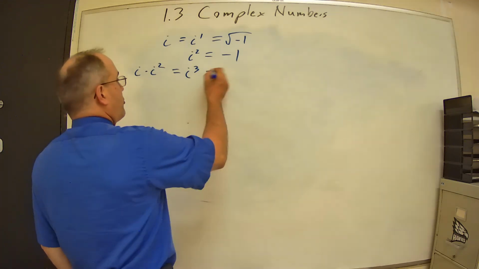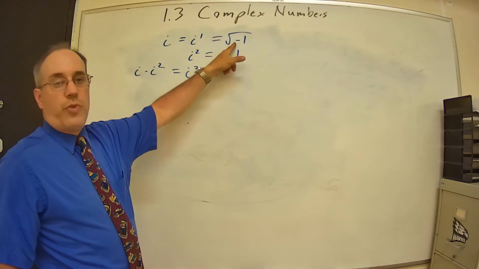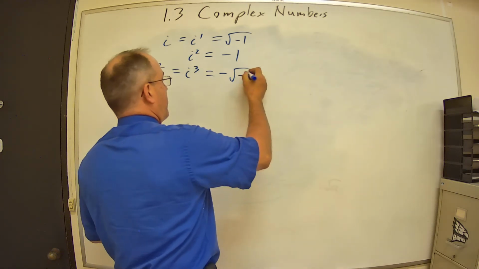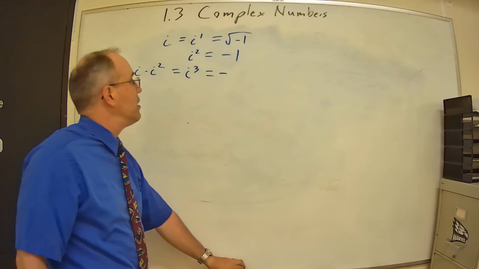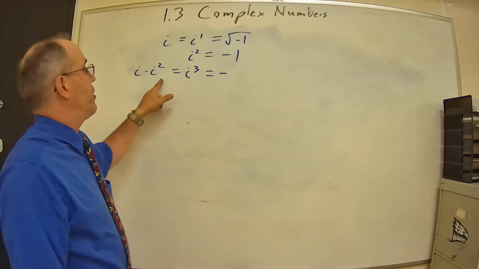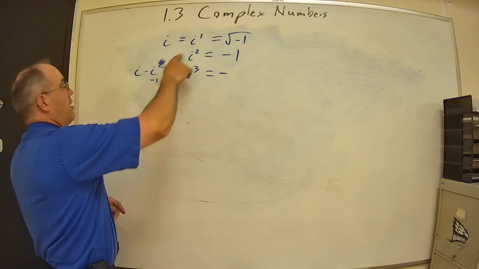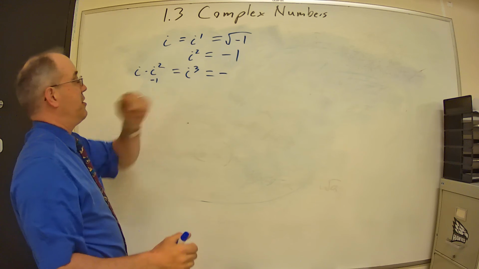So that's equal to -1 times the square root of -1, or negative square root of -1. Or I should say, even rather than that, i squared is -1. i is the square root of -1, right?